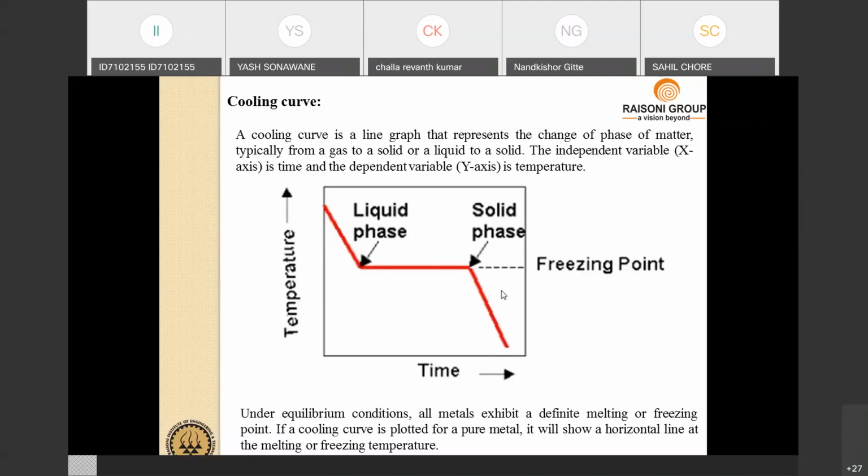So if your material is not fully pure, if some ingredients, some chemical reagents, or some other elements are present, then it will not follow the straight line.